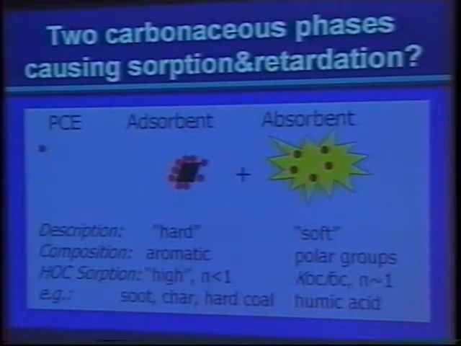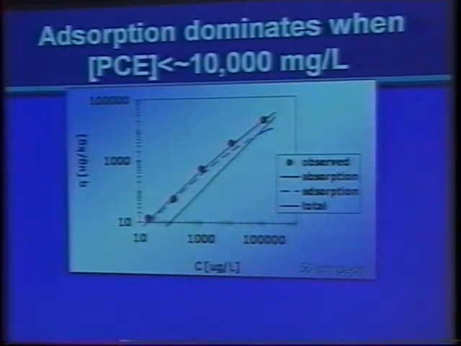So if I think about modeling all my sorption isotherms in the Borden aquifer, all those 20 isotherms from different locations, using what we might call a dual mode model where I have an adsorbent contribution and an absorbent contribution, this is the kind of result that I get. And I'm just showing you the model result from the 50 centimeter sample.